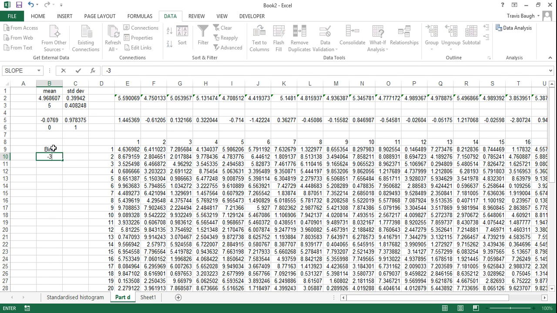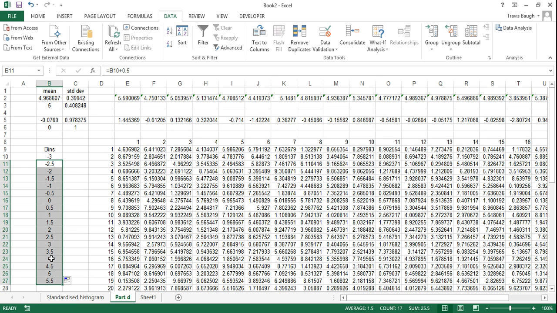So I'm going to start off with a lower bin of -3. I'm going to go up by increments of 0.5. So I just typed equals the cell above plus 0.5, and now I'm going to drag that down, and I'll probably stop at 3. And you can see that I've now got some bins that range between -3 and 3.